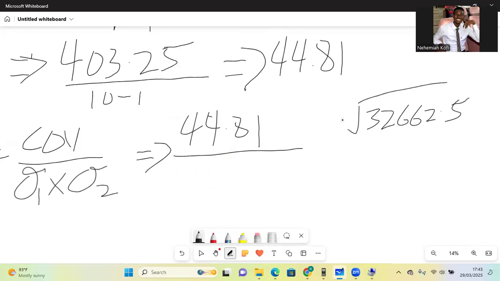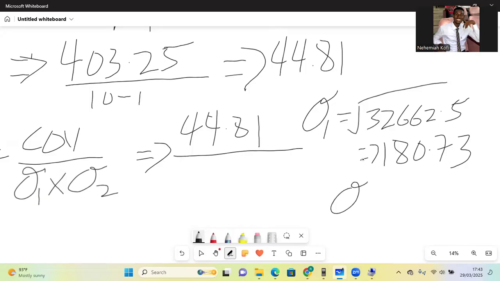If you want to change them to standard deviation, you put them in the root. And this is what we will get: 180.73 for the first one. Now, the standard deviation for the second one is also going to be the root of 5.761.